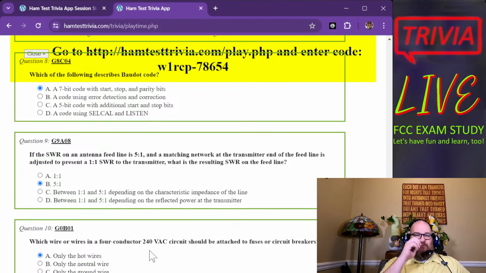If it's 240 volts AC, I'm going to say only the hot wires. The only reason I say only the hot wires is I think about my breaker box in the house. It's only hot wires that are connected to it. The neutral is connected to the bus bar. Submitting!